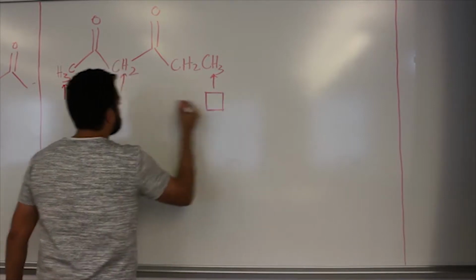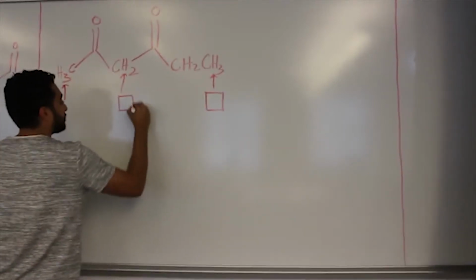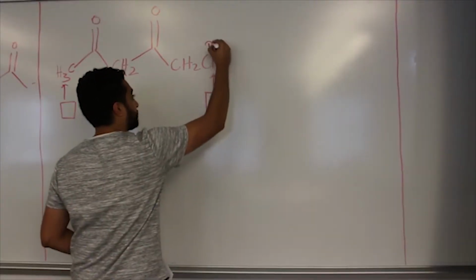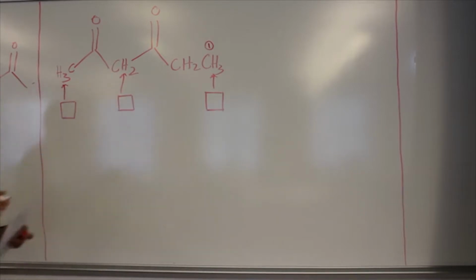So we're going to rank these particular spots. Does anybody have a guess as to which one would be the least acidic? The right one? Why is that? Because it's the farthest away from the oxygen. Okay, so we'll write one over here and come back to it. What about the last two? The left one. Yeah, and then the left one, the second one.